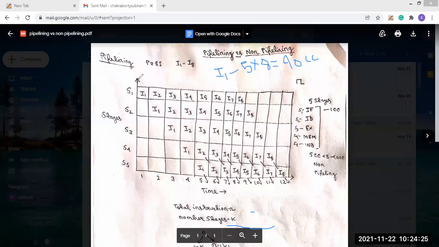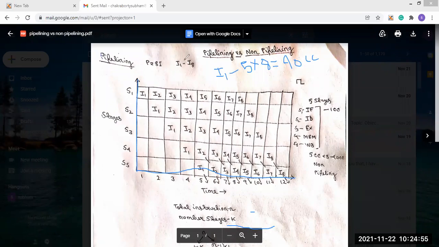So let's see the diagram. This is the stage versus time diagram. Now, how many stages are there? Total 5 stages. Instruction fetch is S1, then instruction decode is S2, then execution is S3, memory is S4, and write back is S5.